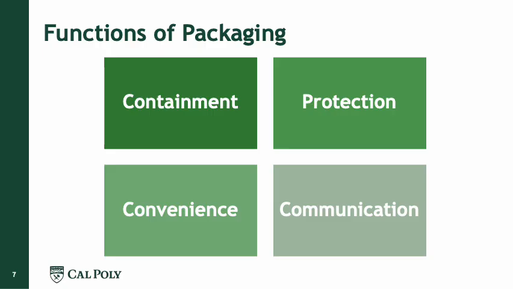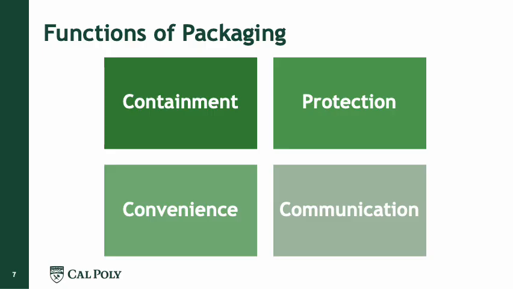So think about other examples and products and how the functions of packaging are met with these products. And the final function is communication. If we think about a food package, it of course has to communicate something for the consumer. The colors, the marketing, the fonts, everything that the consumer sees is very important.